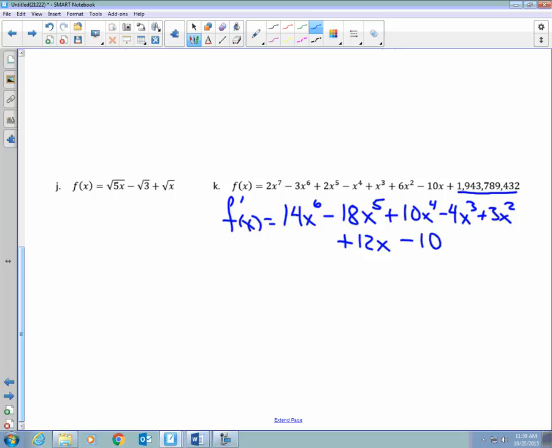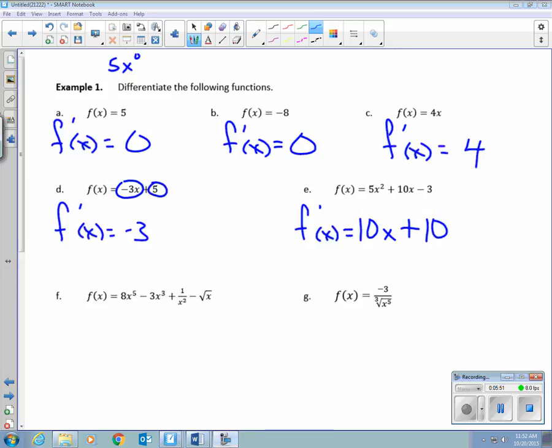What's the derivative of a constant? 0. It doesn't matter that it's 1,943,789,432. Yeah, that just changes the placement of the graph. The question? No?